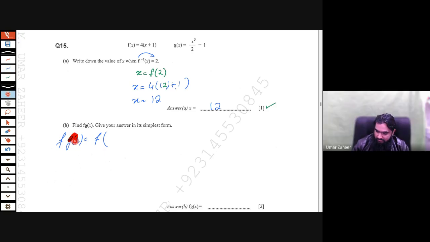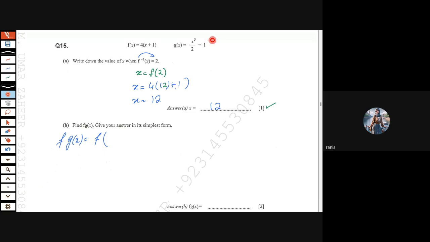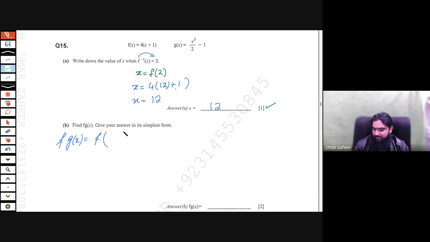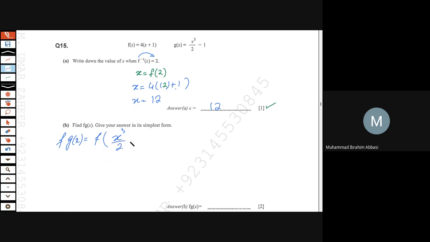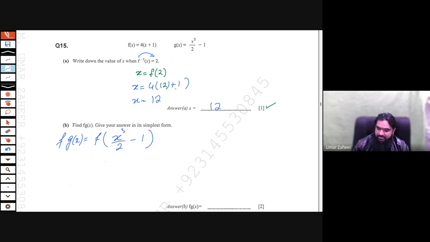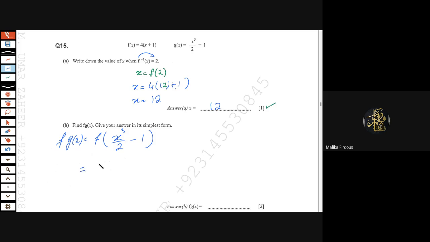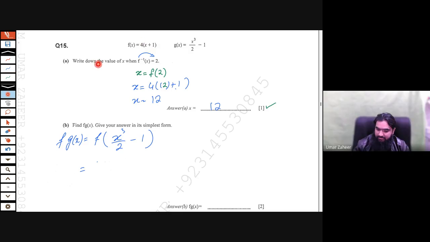What is the value of g of x that we need to substitute here? x cubed over 2 minus 1. Now, which function is applying? The f function is applied on this value, and the f function is 4 into x plus 1.